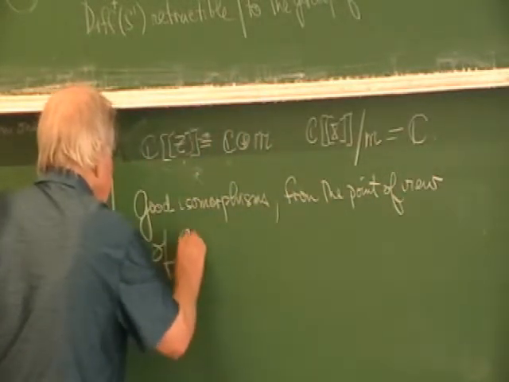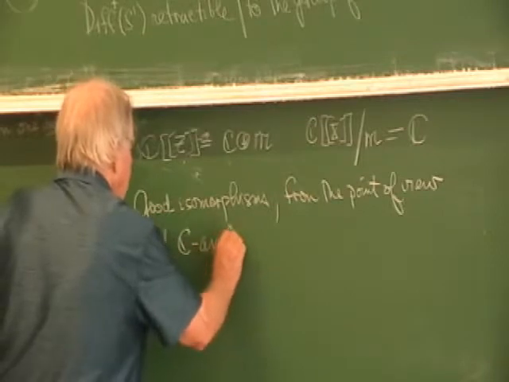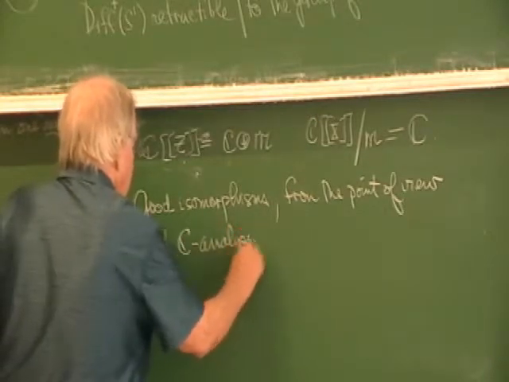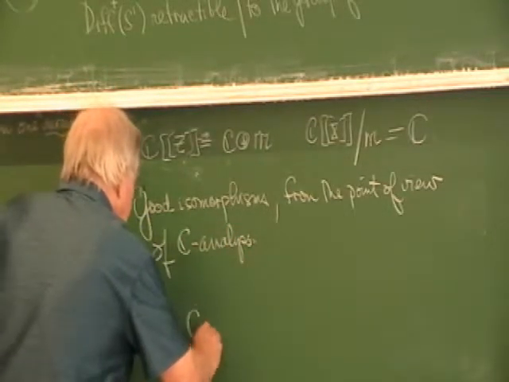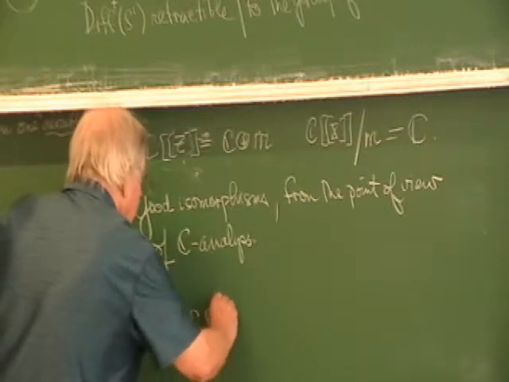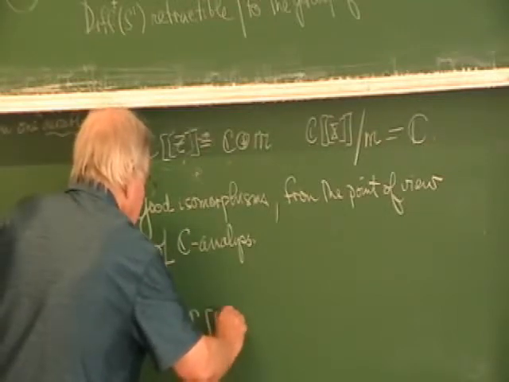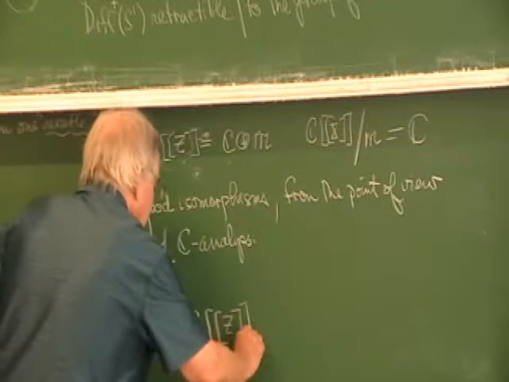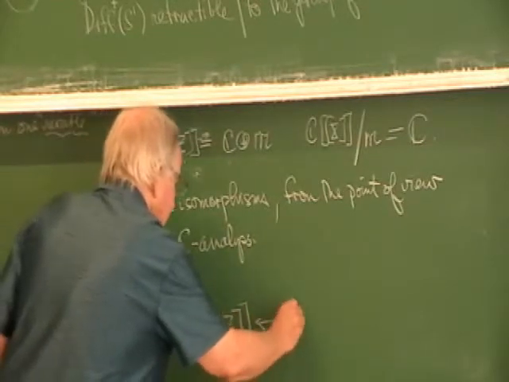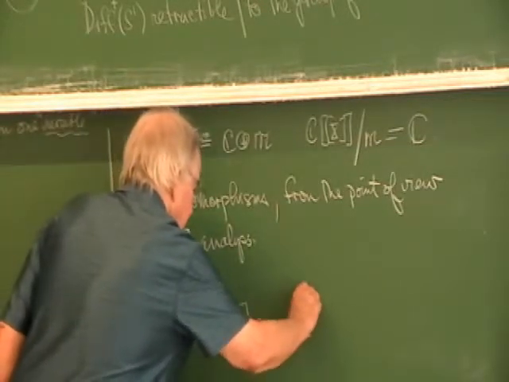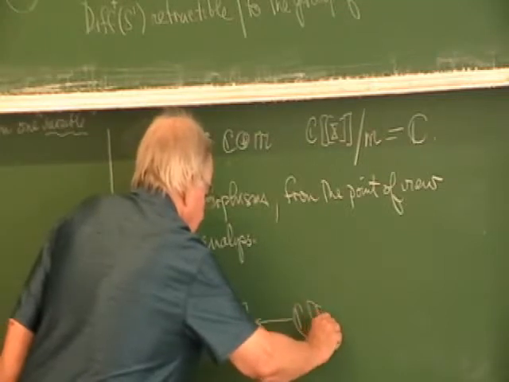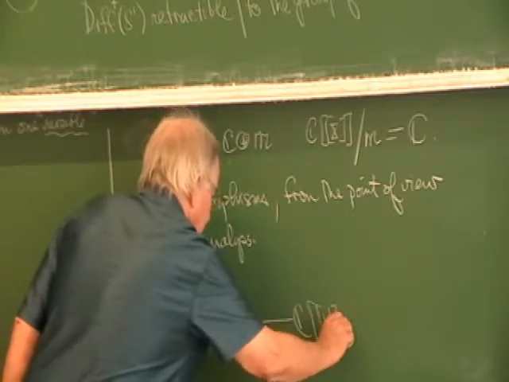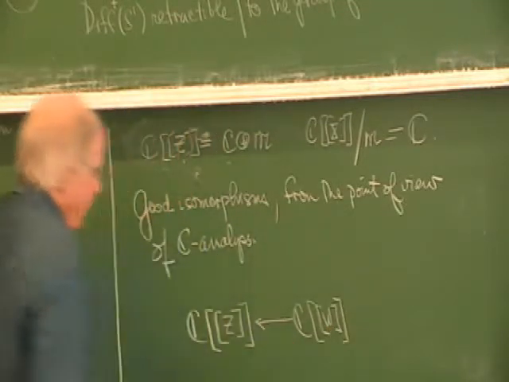Let's write it this way. For some reason I write it this way, if you don't mind. For some reason I have in my head a certain diagram and I want to write it that way. It's just my own craziness.